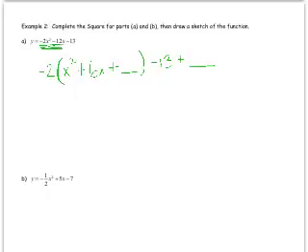Your step 2 is, what do you put in this blank? So we take half of 6 and you square half of 6. So half of 6 is 3, squared is 9. But for a compensation blank, don't just think of 9. You have to think about this 9 is going to get multiplied times -2.